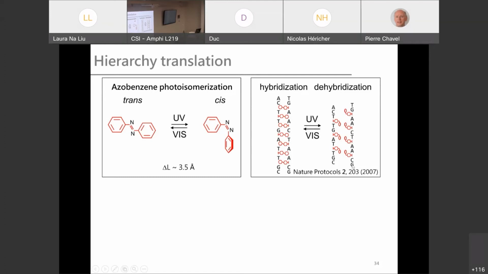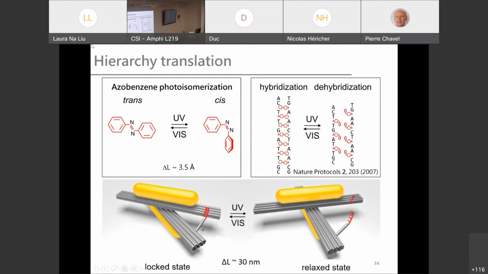Vice versa, if we shine visible light, these azobenzene molecules will return back to this linear form so that they can be intercalated in between the DNA bases again so that the two DNA strands can be hybridized.